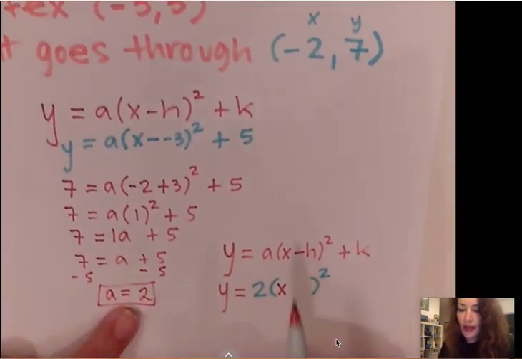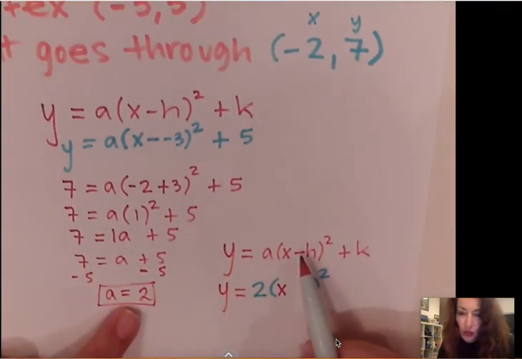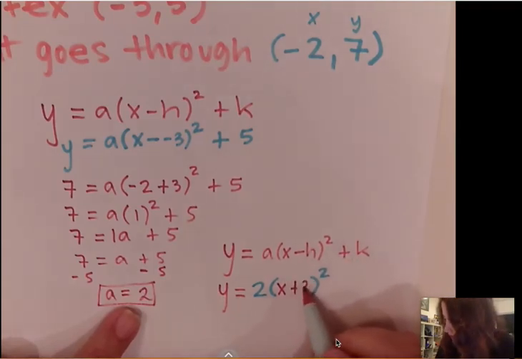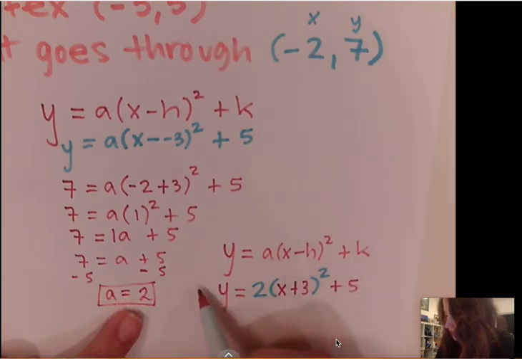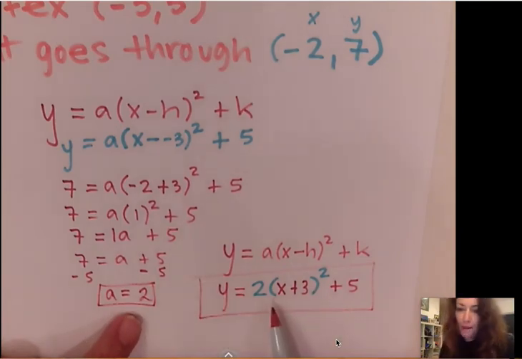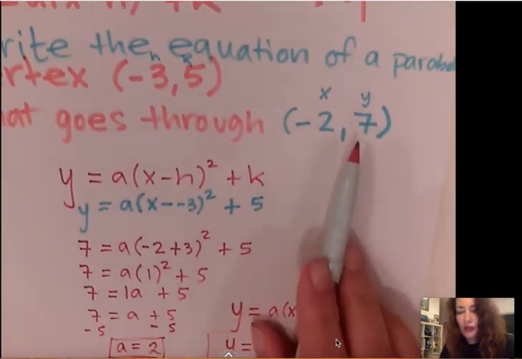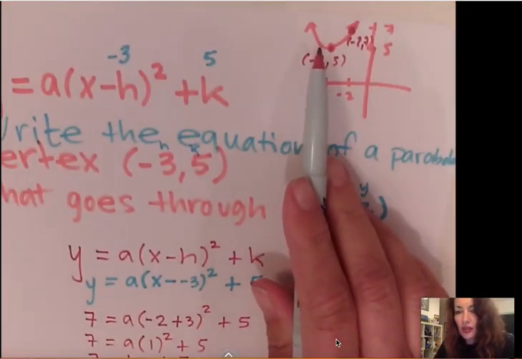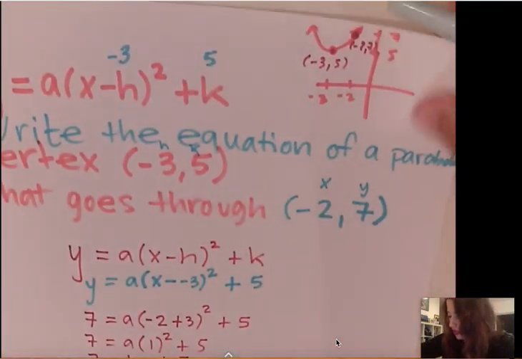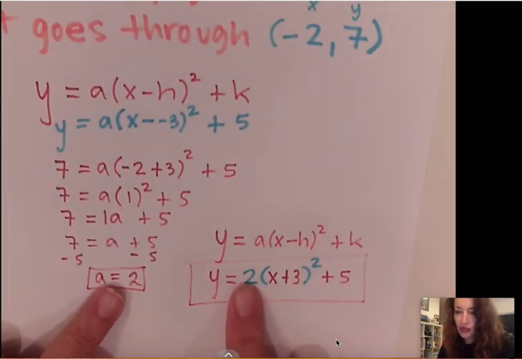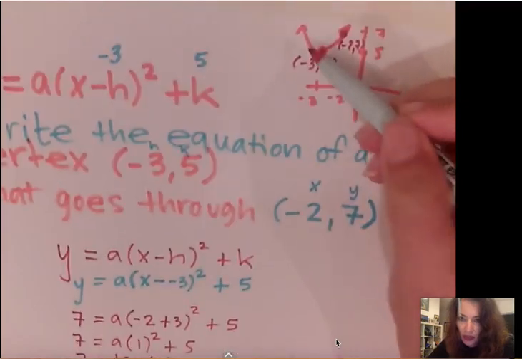So I'm going to go ahead and put that value in. -3 becomes +3. And then our k value is 5. So here's our equation in vertex form that passes through the point -2, 7 with a vertex of -3, 5. So this equation of this parabola that we sketched has an a value of +2, which makes sense since the graph is opening upwards.